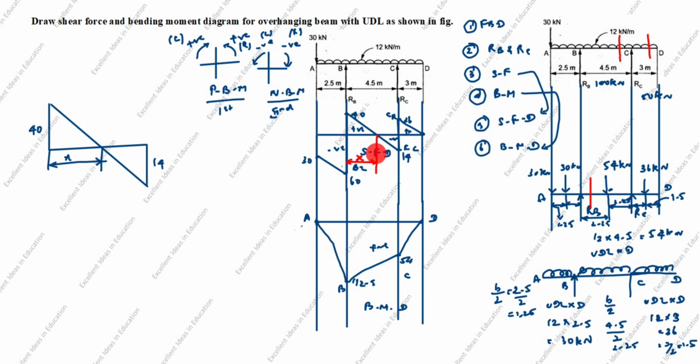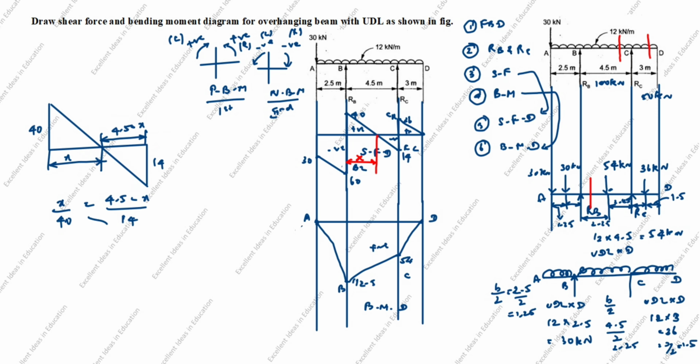This is X. So we will take it as 4.5 minus X. We will do this calculation with proportionality method. X divided by 40 equal to 4.5 minus X divided by 14.